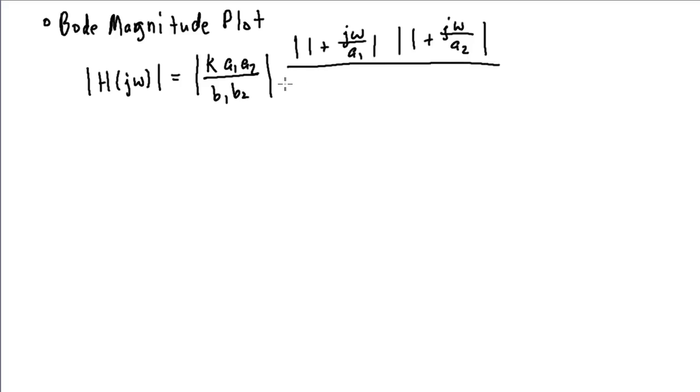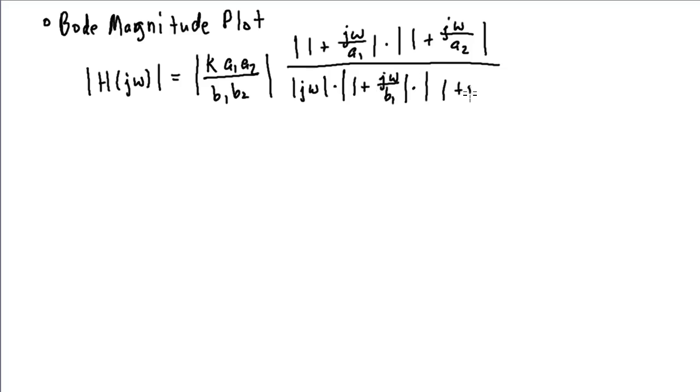And in the denominator I'll have my s term, so just the magnitude of j omega. I had a 1 plus j omega over B1. And then finally, let me put little dots between these absolute values.